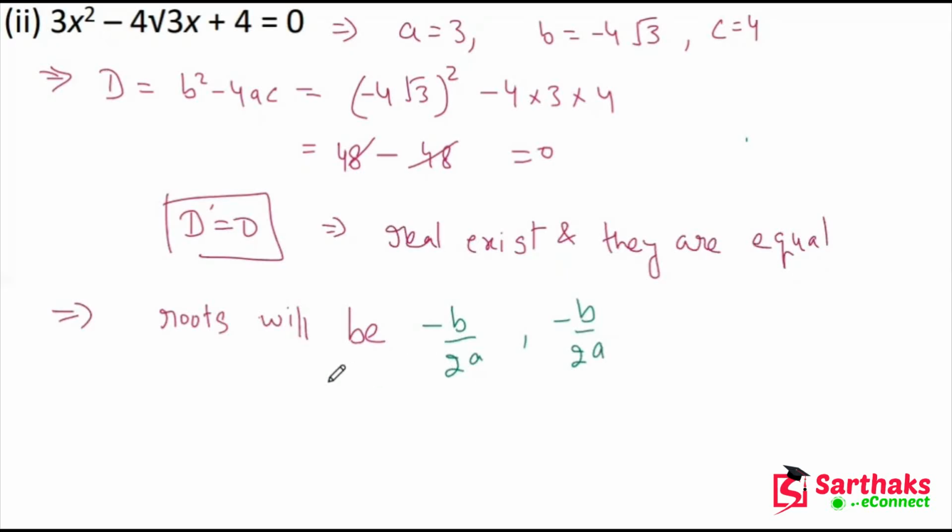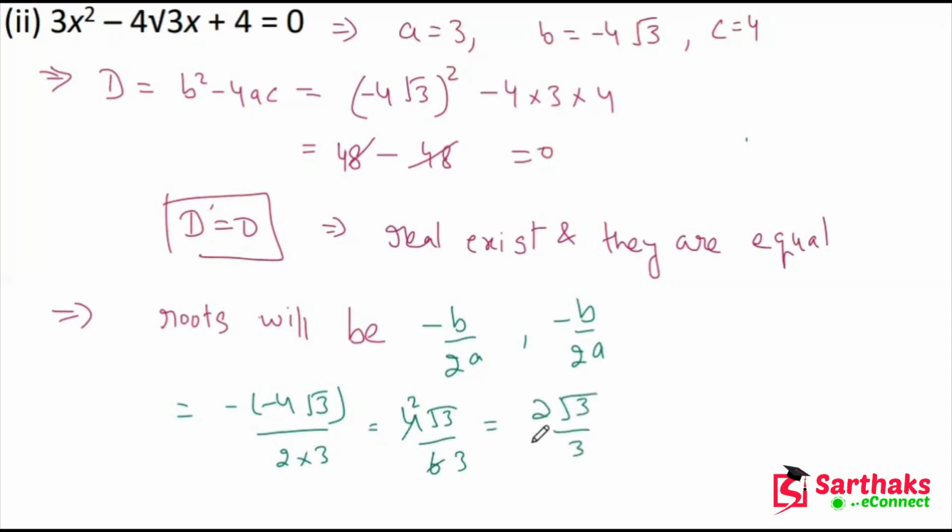Now what is minus B? Minus 4 root 3 divided by 2 into 3. We get 4 root 3 divided by 6, and it will go 2 times and 3 times. We have 2 root 3 divided upon 3. Yes, we have 2 root 3 divided upon root 3 into root 3.